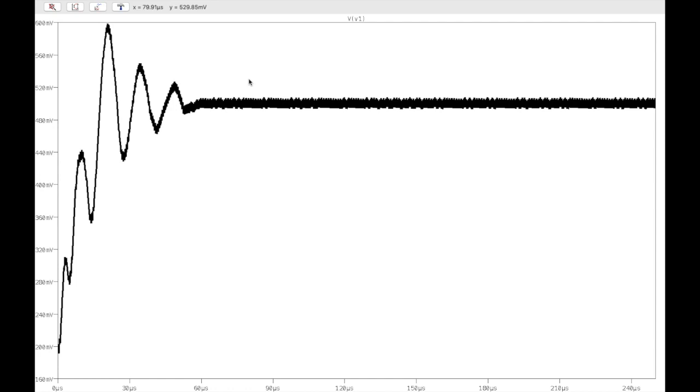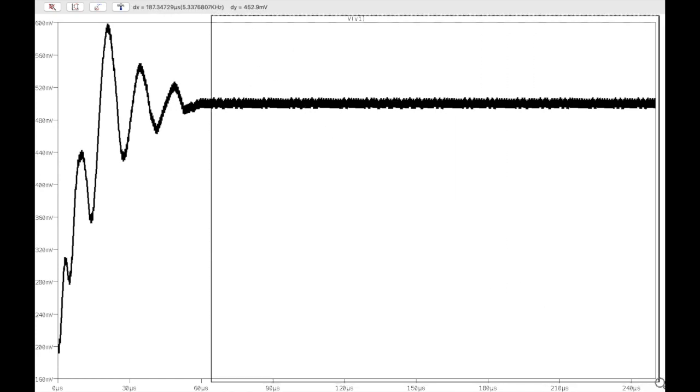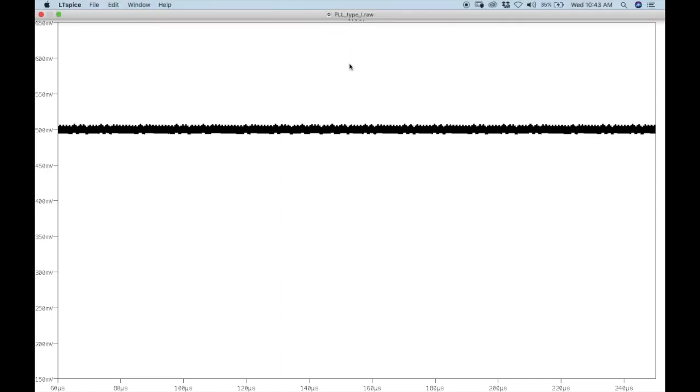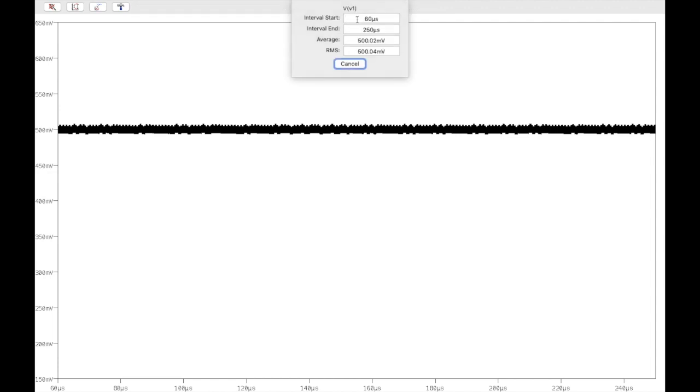I can zoom in, press and hold the control key and click the waveform, and from 60 microseconds to 250 microseconds it gives an average value of almost 500 millivolts.